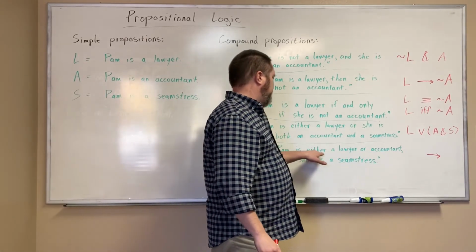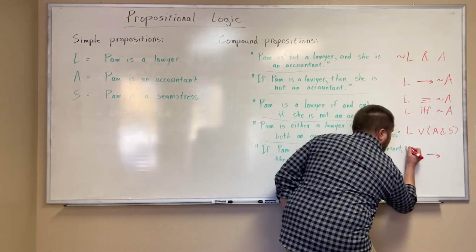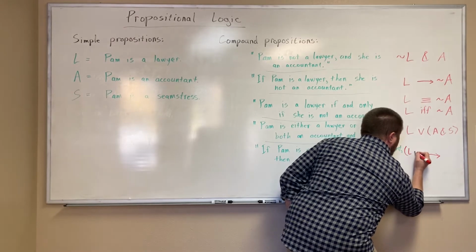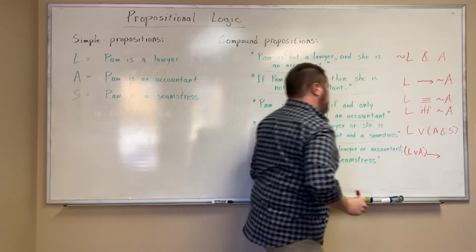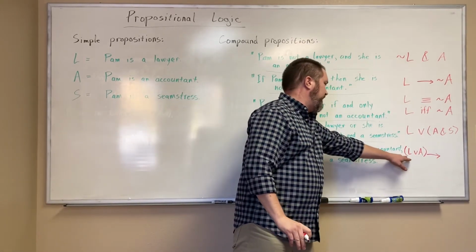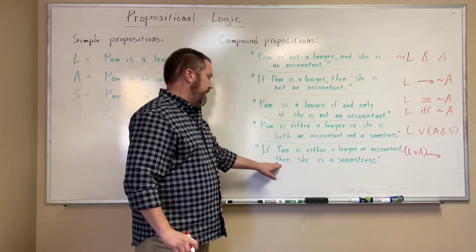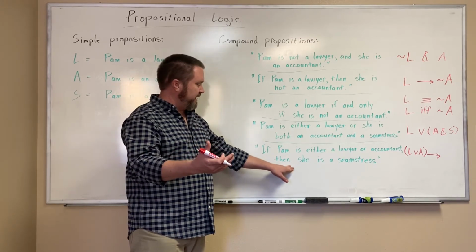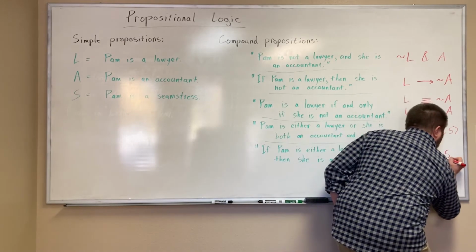If Pam is either a lawyer or accountant, so again, we're going to have to use the parentheses because we have two different expressions here. Either she is a lawyer or an accountant. So if it's the case that Pam is either a lawyer or an accountant, then this is the consequent. What follows after the then statement? She is a seamstress. So that we're going to represent just by S.